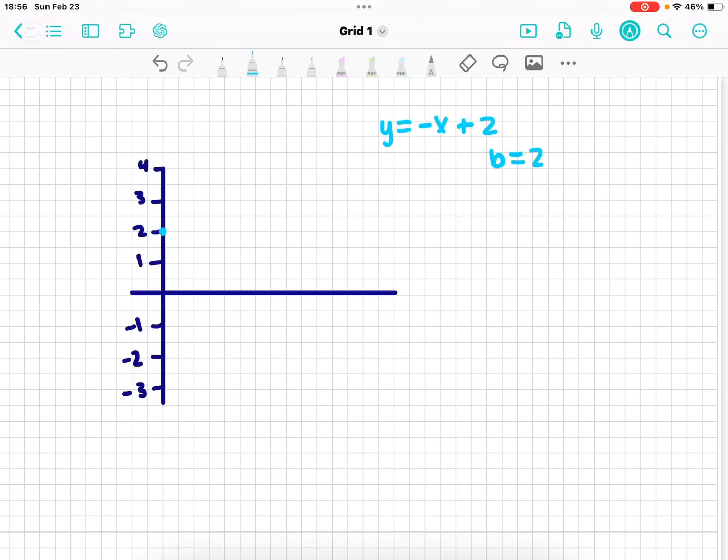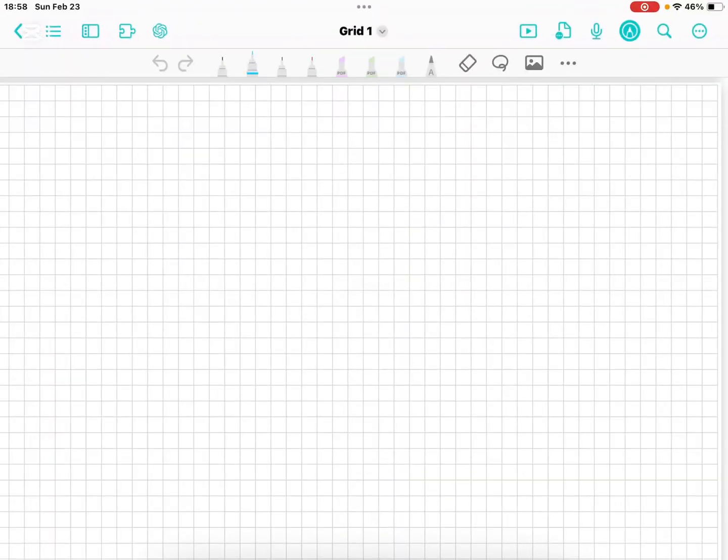Then we move 1 unit to the right and 1 unit down for the next point. Here the slope is negative 1, meaning that for every unit you move to the right, you move down 1 unit. After plotting a few points, we will draw the line. So we're going down. Now we're gonna draw the line and it will look something like this.